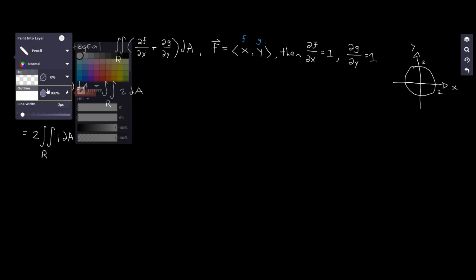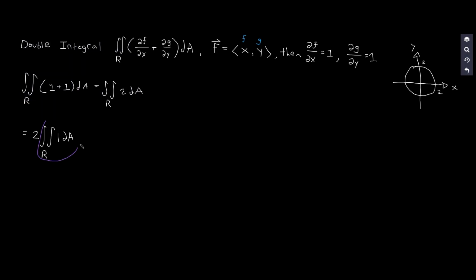So this is going to give us the area of region R. The area of the circle, with radius equal to 2, equals pi times the radius squared, pi times 2 squared, that equals 4 pi.